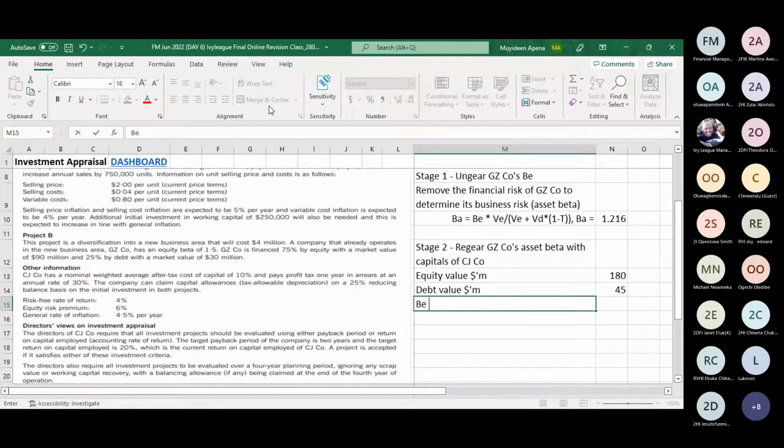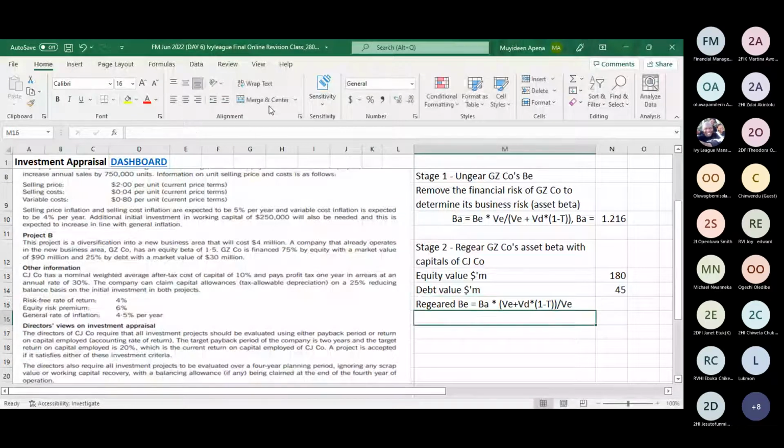Now that we are looking for, which I'll call regeared BE in this case. Regeared BE equals what? BA times bracket open VE plus VD times 1 minus tax, bracket close, everything divided by VE. Okay, that's what we're applying now.